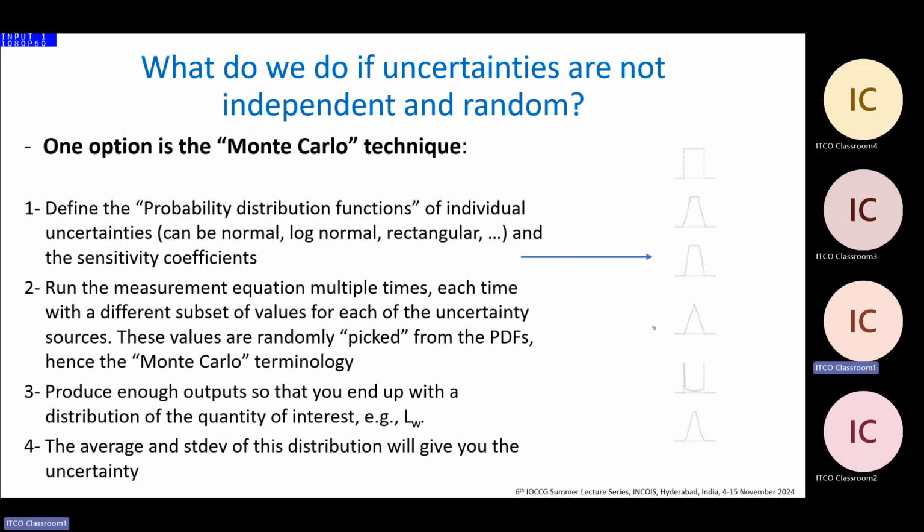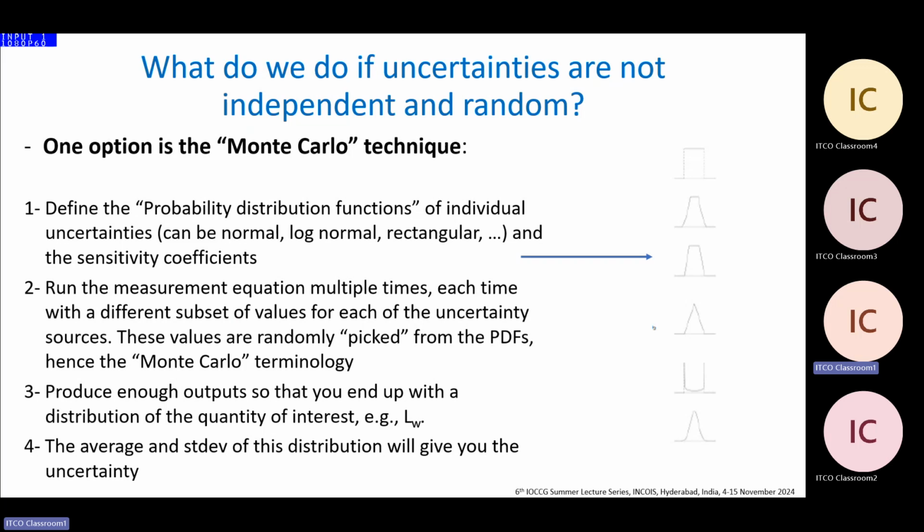That's going to tell you where to sample in these PDFs, the probability distribution functions. And you do this for all the uncertainties. You run it, you get a value of LW at the end. And you do it again, with a new series of random numbers, you get a new LW value, and so on.